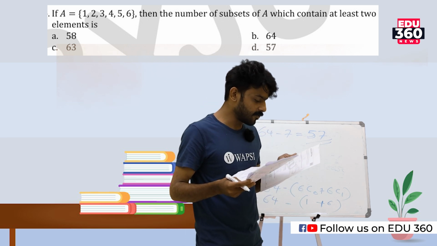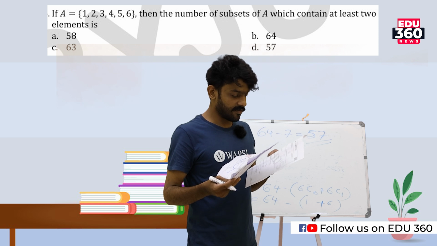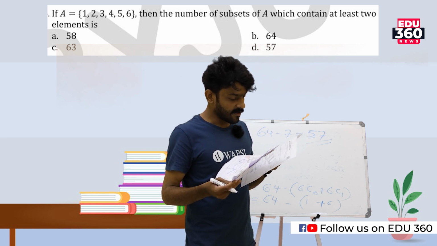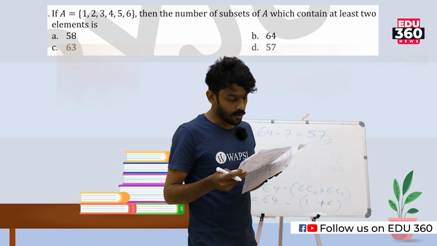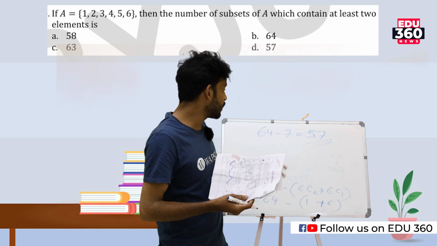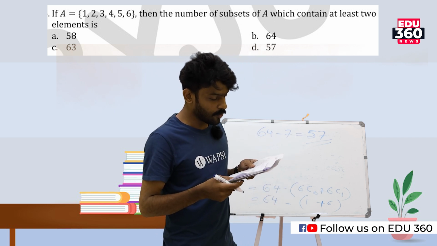Again, just go through the options. So we can see that the first one is 58, second one is 64, and third one is 63, and fourth one is 57. Yes. So for this question, option D is the correct answer. So that means 57 is the correct answer for this question. That is 64 minus 7. That will be equal to 57.